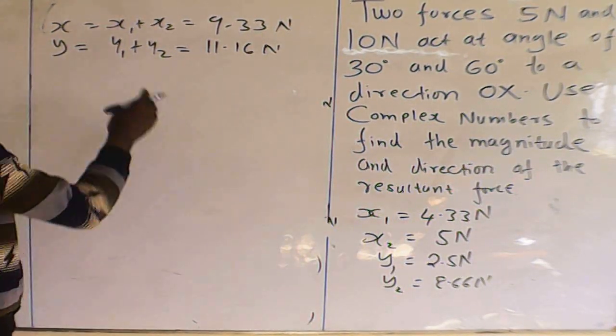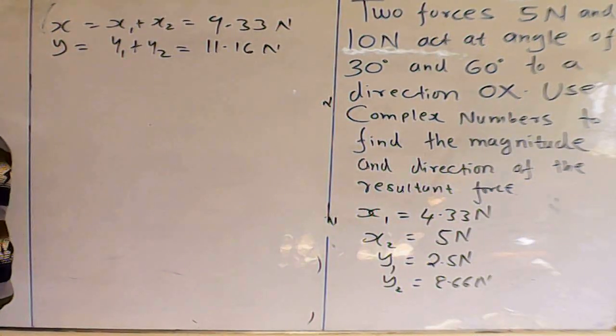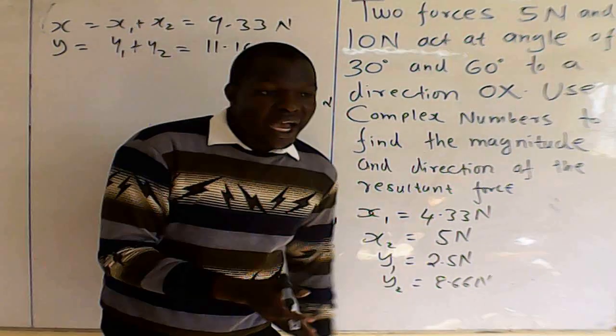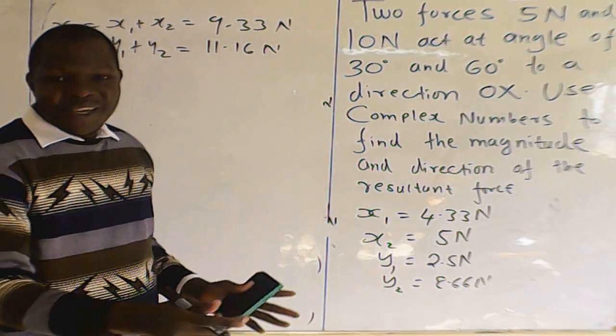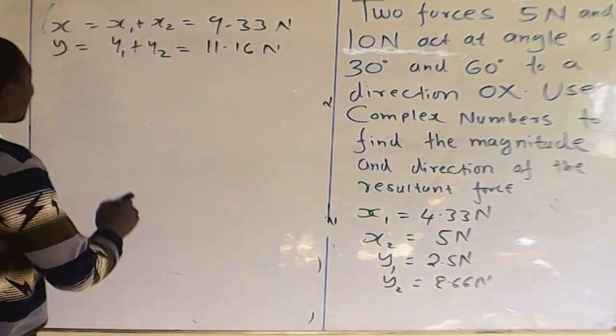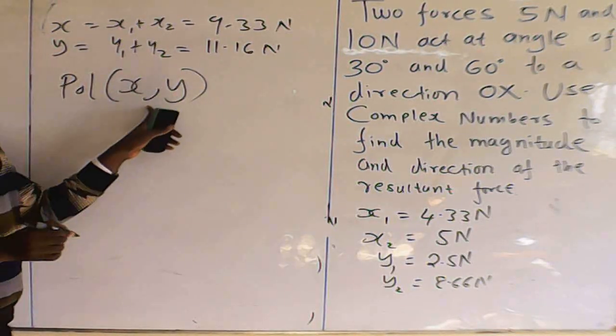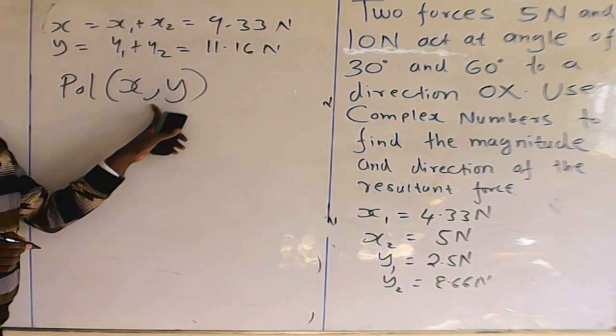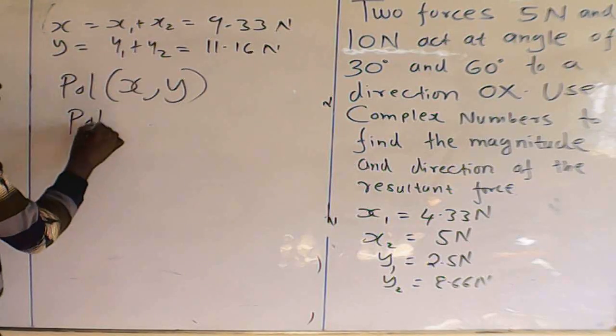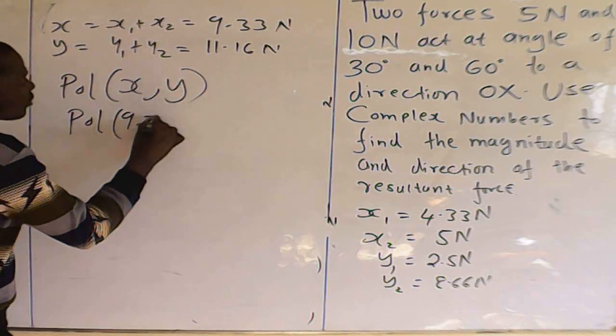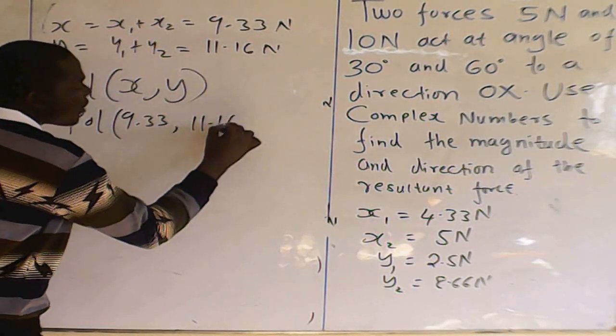Yes. Then you now want the polar form, because the polar form is what gives you the direction, where r is the magnitude and theta is the direction, isn't it? So you go to the calculator to find the polar form of these Cartesian coordinates, 9.33, 11.16.